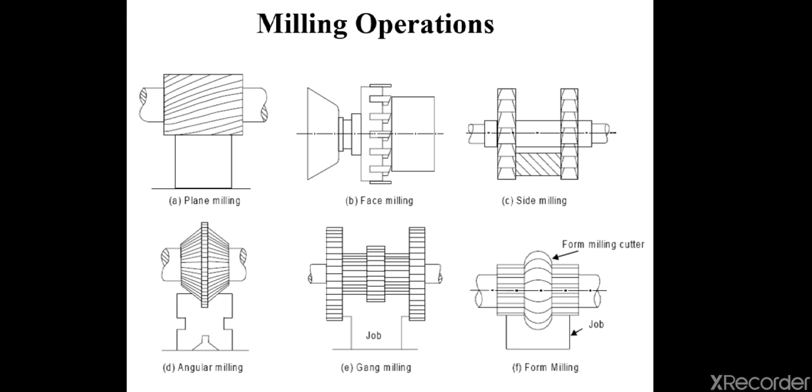In gang milling, different surfaces of the workpiece can be machined using gang milling cutters. The cutters may be of the same diameter or of different diameters.